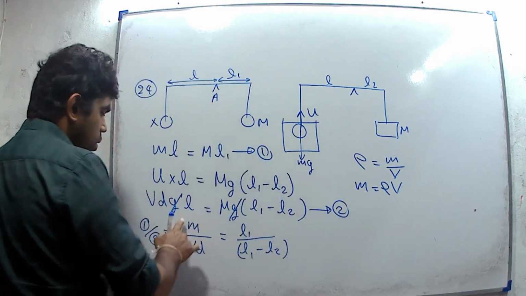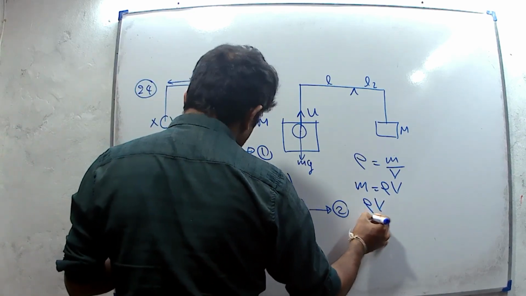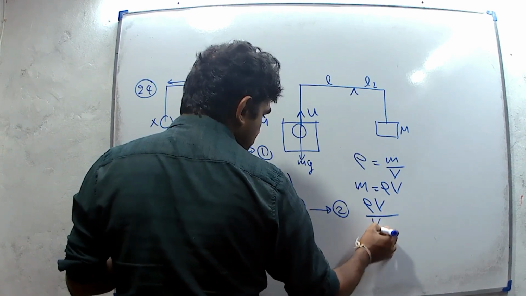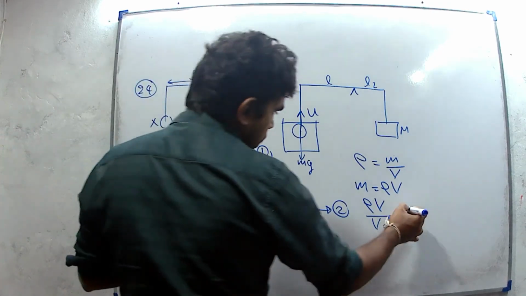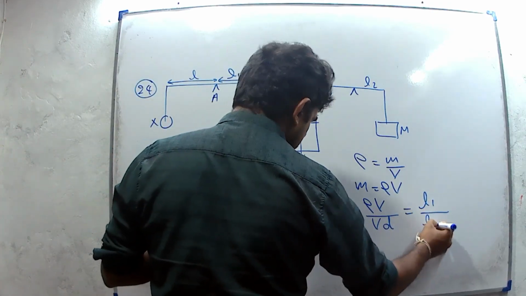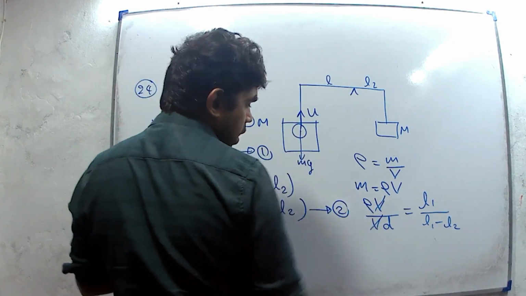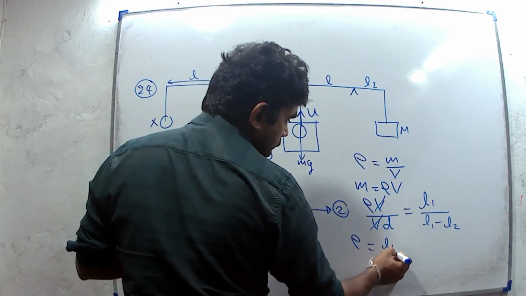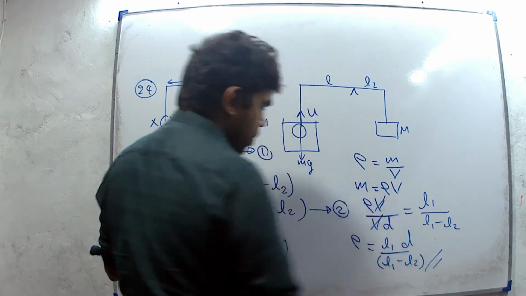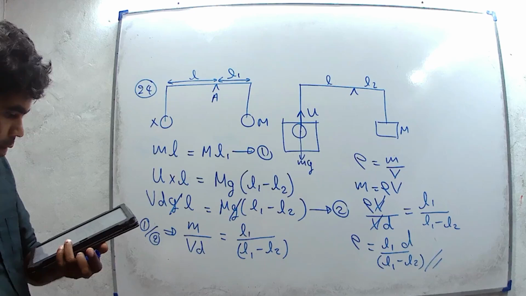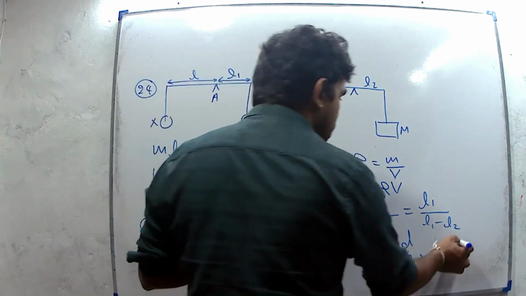Density into volume divided by volume into density of water in the denominator equals L1 over L1 minus L2. We can cancel V. Now we have to make rho the subject. Rho equals L1 over L1 minus L2 times D. L1 over L1 minus L2 into D. Answer is 1 for question number 24.